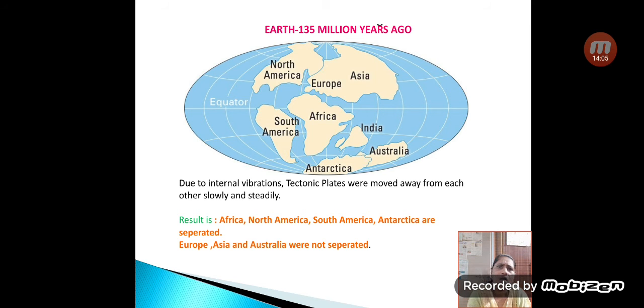Next, if you see this third map, observe here: North America separated and South America separated, Africa separated and Antarctica separated. But Europe, Asia and Australia are not separated.